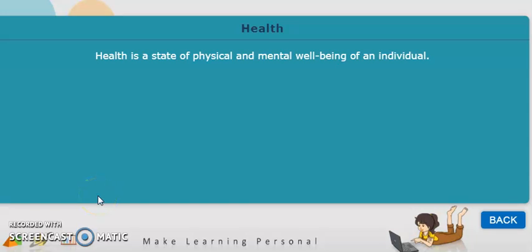If I quote the definition according to WHO, the World Health Organization, health is a state of complete physical, mental and social well-being, and not merely the absence of disease or infirmity. I repeat again, health is a state of complete physical, mental and social well-being, and not merely the absence of disease or infirmity. This is the definition proposed by WHO for the term health.